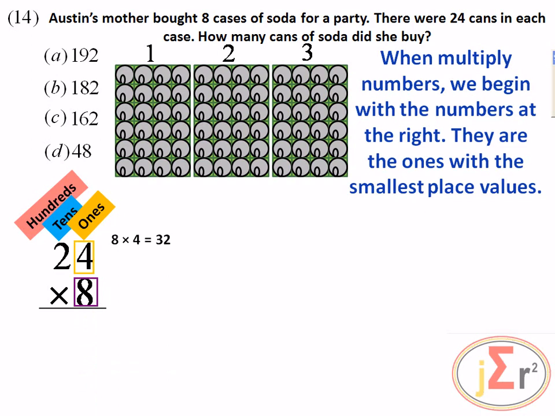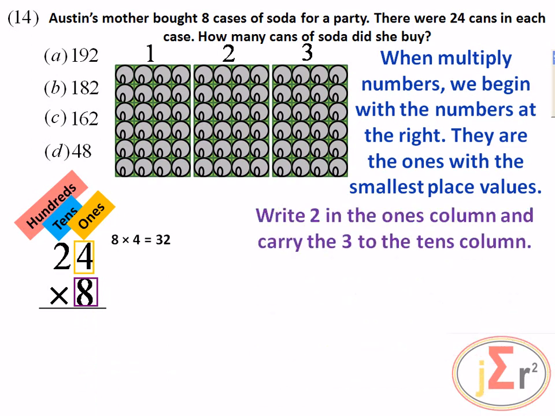And what do we do? We write 2 in the ones column and carry 3 to the tens column. What we intend to do is write down the entire 32. But if we do so, then when we multiply 8 by 2, the 3 that we have here will get in the way of the result.